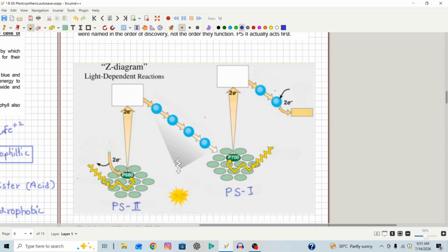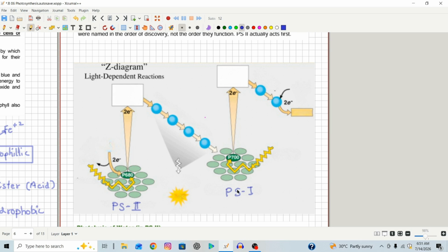So it is not because of any other reason, it is just because of their discoveries. So you don't have to get confused. P700 was discovered first, that's why it is called PS1, photosystem 1. So first of all, let's start the reaction.